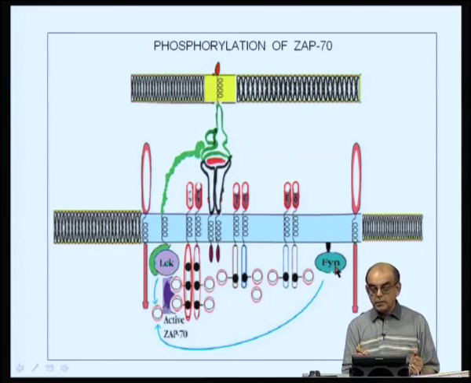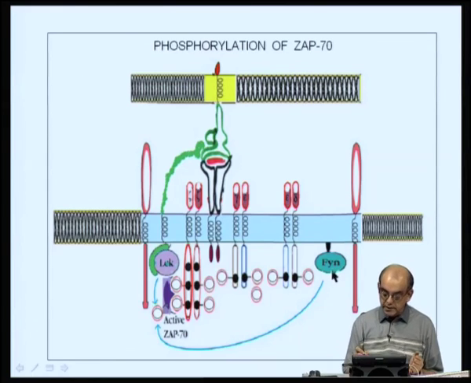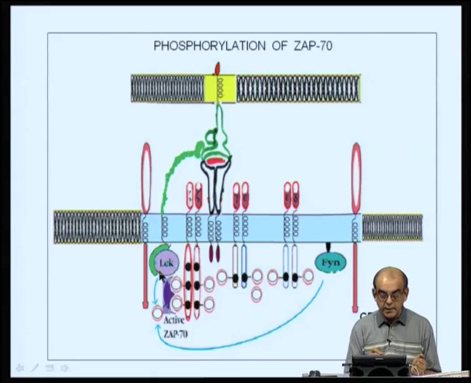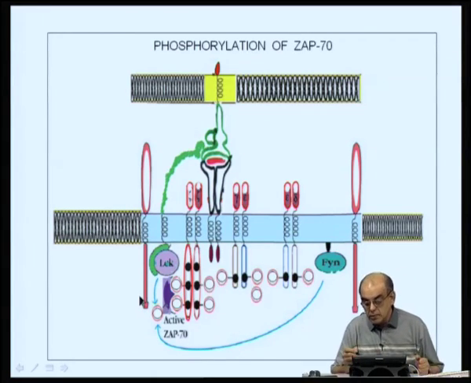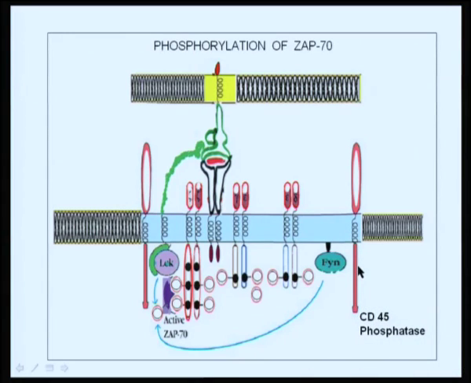Now, you have specific kinases like FYN and the lymphocyte specific kinase that is found beneath the cell surface in the T cells. You also have what is called a CD45 phosphatase. To begin with, these molecules like FYN on the surface are already phosphorylated. They have some phosphate already on their residues.